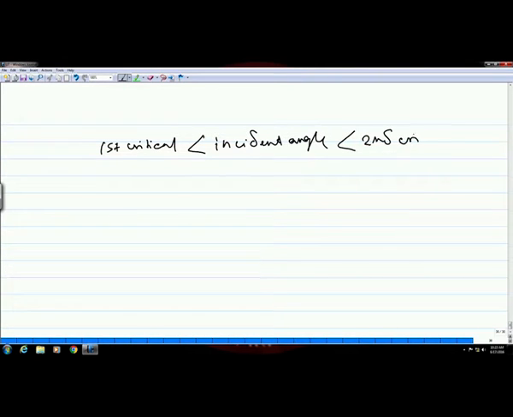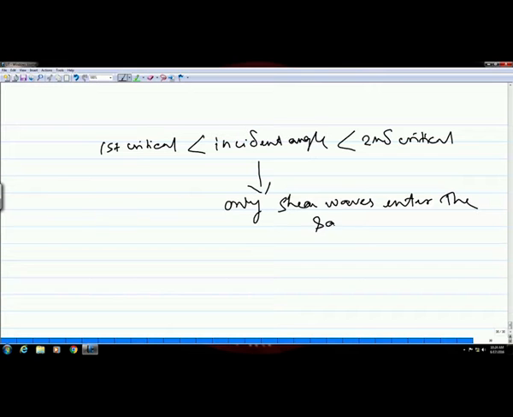So, it should be in between the first critical and the second critical angle, which will ensure that only shear waves enter the sample, and then you will do the inspection using shear waves, and the confusion that you had that the same signal coming back at different time, that can be avoided.